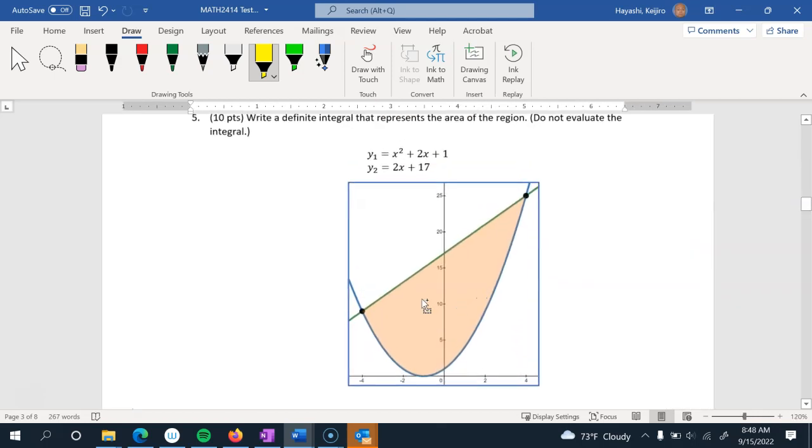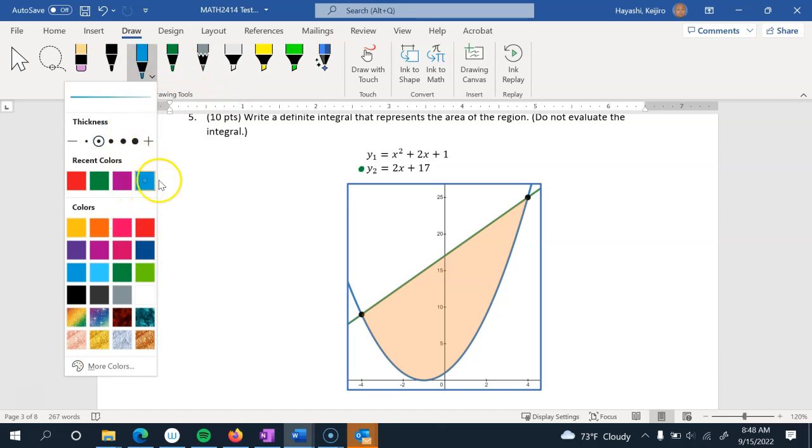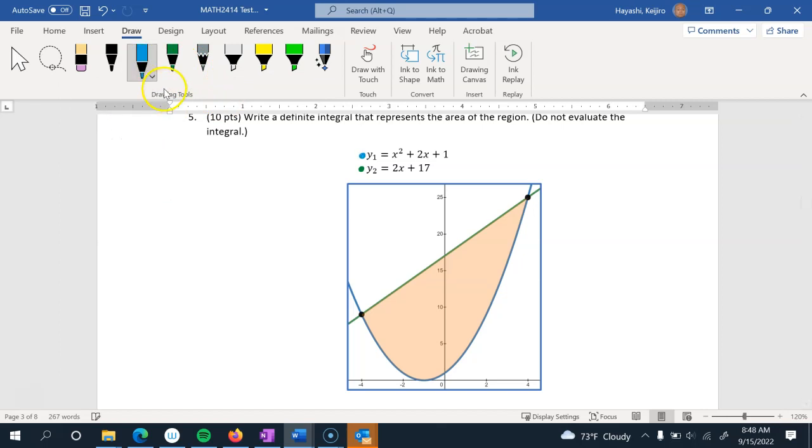So of these, the green line is definitely the linear equation, and the parabola is definitely the quadratic equation. So which one's on the top and which one's on the bottom is pretty clear.